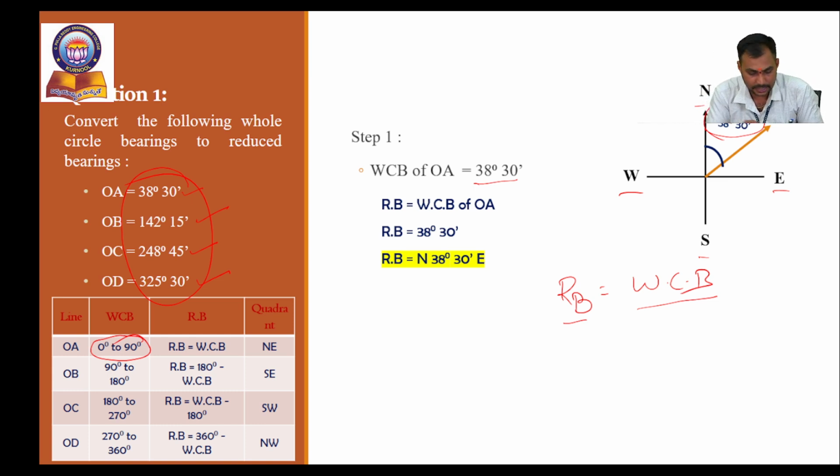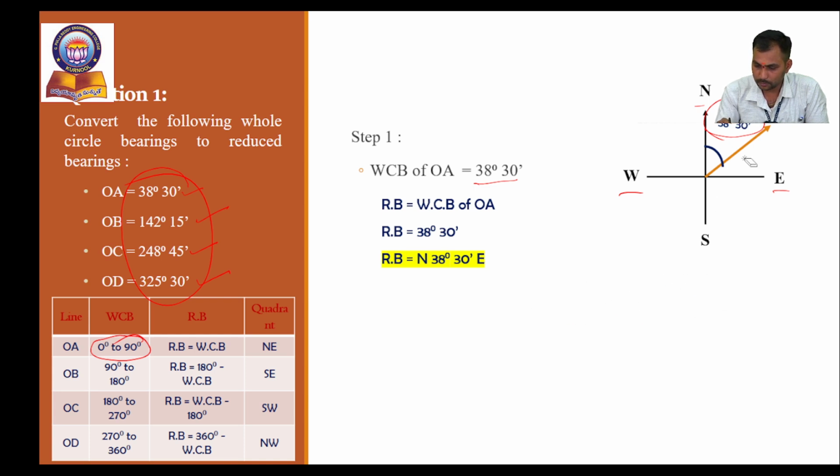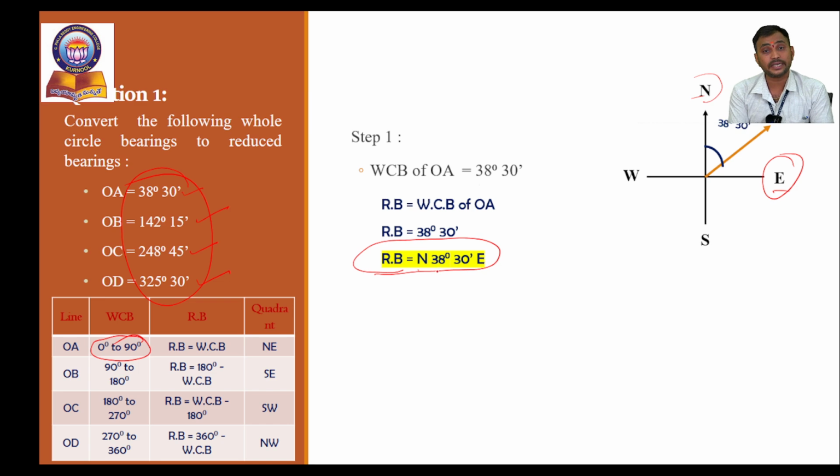You see here, the object line bearing is 38 degrees 30 minutes. From 0 to 38 degrees means it is presented from north towards east direction. So that's why the reduced bearing is north 38 degrees 30 minutes east.